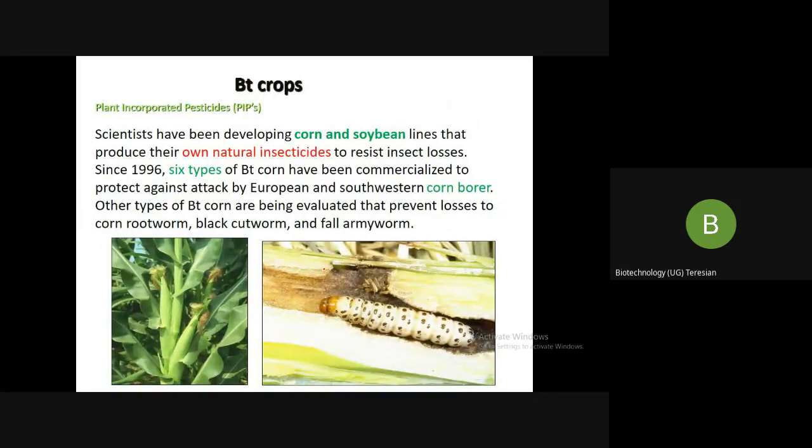Next, we shall see about the BT cotton. So we already know that this BT cotton is very common now. It is very well used commercially.